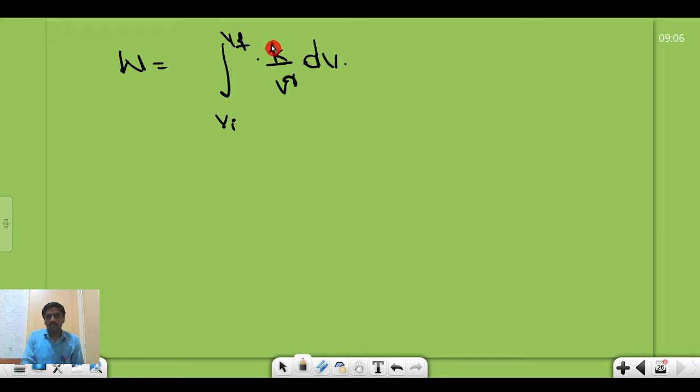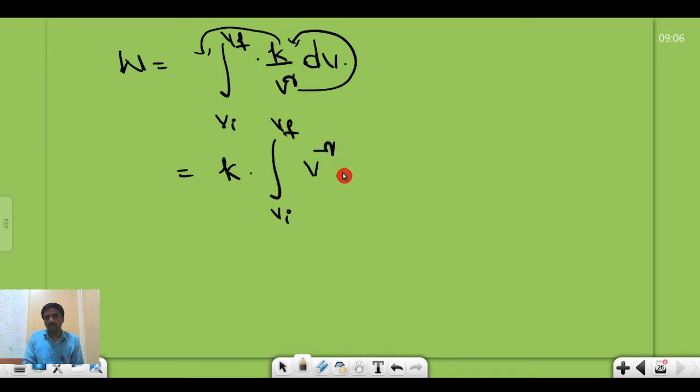Now k is a constant, so we can take it out of the integration: k times the integral from Vi to Vf of V^(-γ) dV, sending V^γ from the denominator to the numerator. I hope you know the formula: the integral of x^n dx is equal to x^(n+1) divided by (n+1).